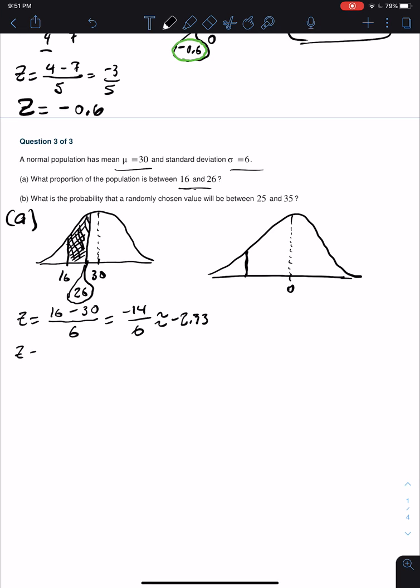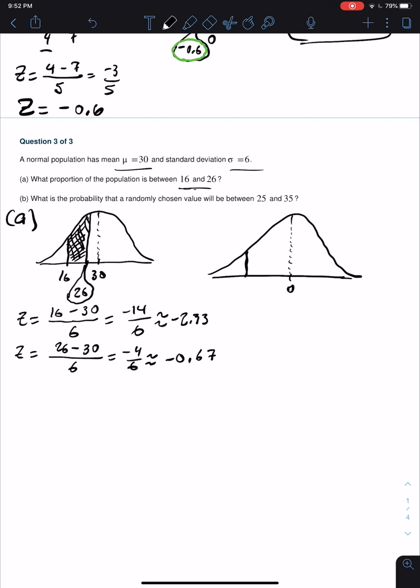And our second z-score is found from 26. So 26 raw score minus mu of 30 over standard deviation of 6. 26 minus 30 is negative 4 over 6. Another approximation, round it to the nearest hundredth, so negative 0.67.